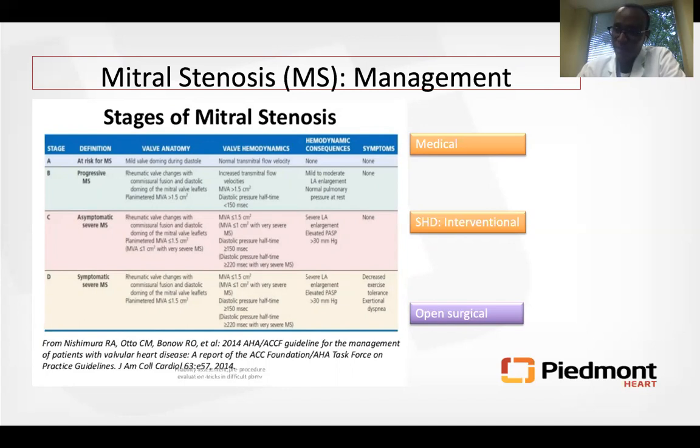However, like I said, mitral stenosis is a mechanical problem, and the therapy is going to be mechanical therapy. It's already fibrosed. We're not going to reverse severe mitral stenosis with diuretics or any other medical therapy. And in terms of intervention, it could be percutaneous therapy, or it could be surgical therapy.